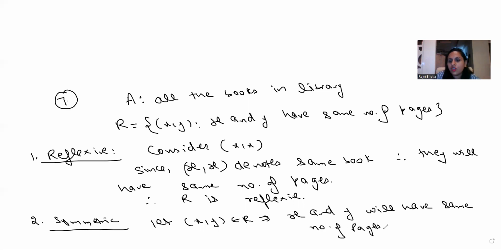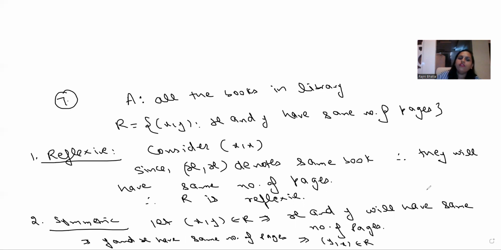Now when x and y have the same number of pages, then y and x also have the same number of pages. This implies (y, x) belongs to R, and therefore the relation R is symmetric.